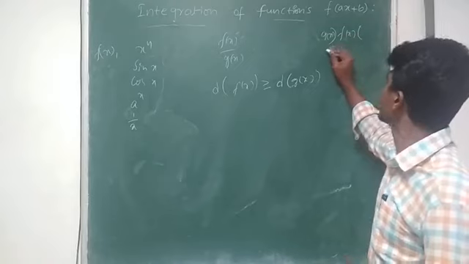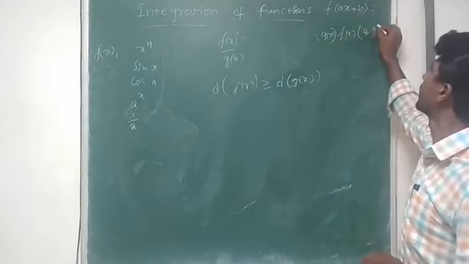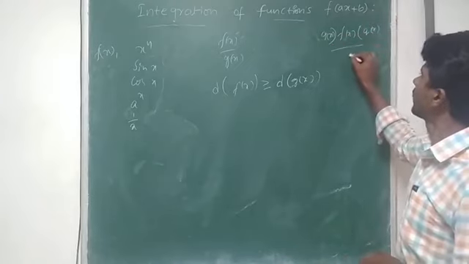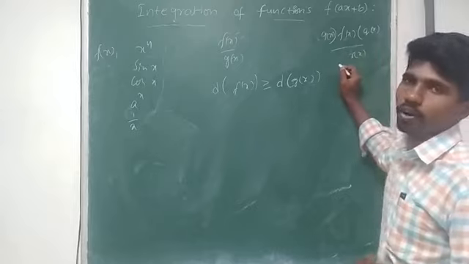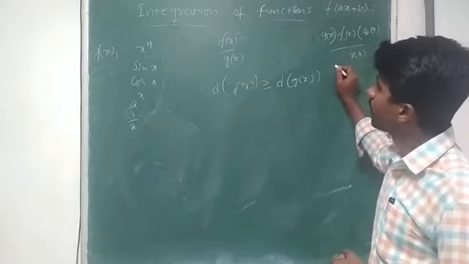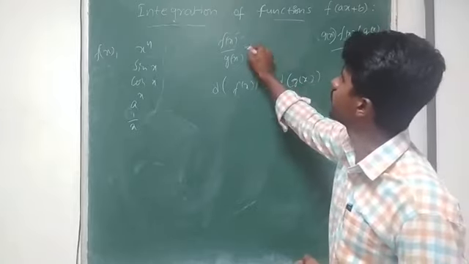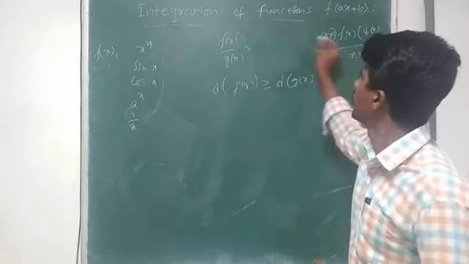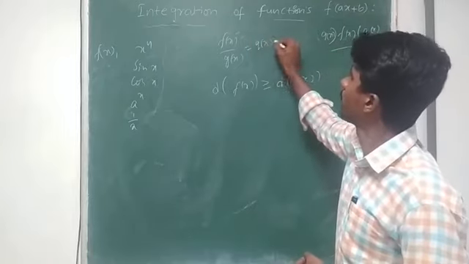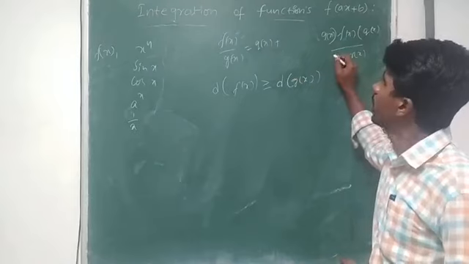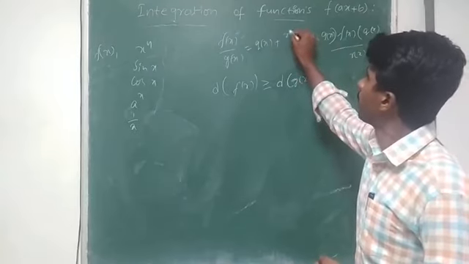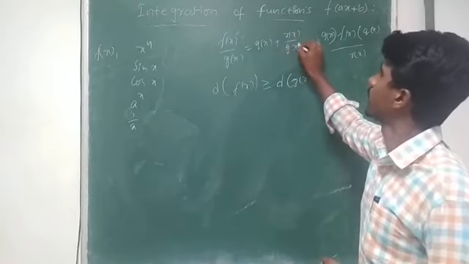If I divide, I get some quotient, that will be q of x, and finally some remainder r of x. Now we have to split this f of x by g of x as q of x plus r of x by g of x.